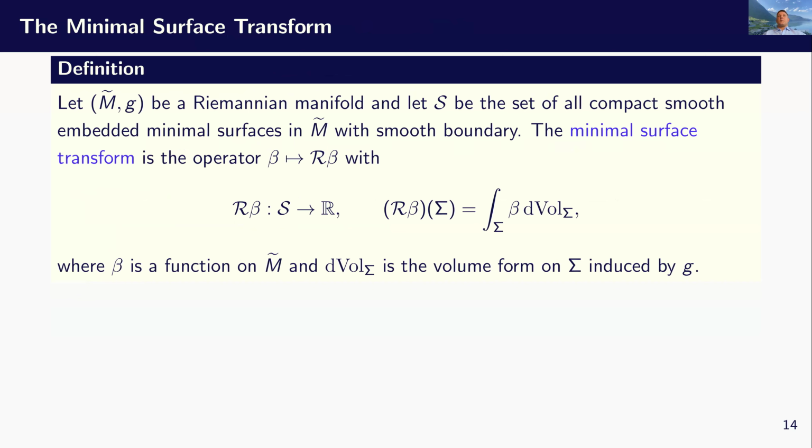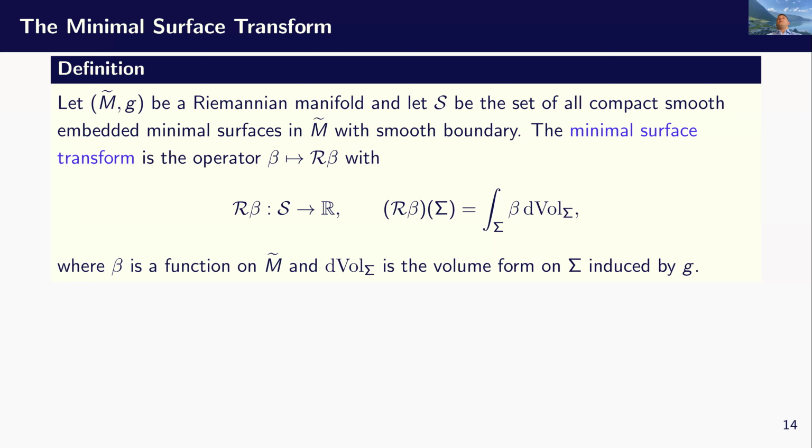The minimal surface transform, I can formally define it as follows. We need to refine this definition for a certain reason, which I will get to next, but let's take this formal definition first. So let (M tilde, g) be a Riemannian manifold, let S be the set of all compact, smooth, embedded minimal surfaces inside M tilde with smooth boundary.